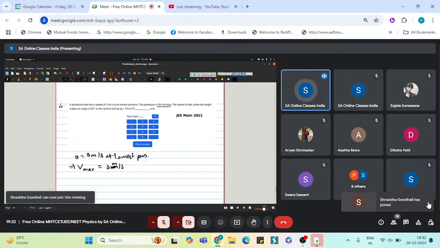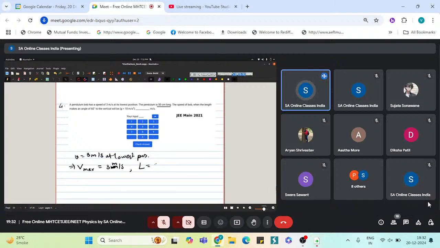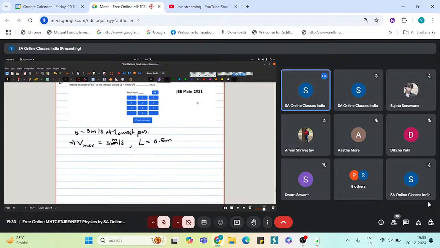The pendulum is 50 centimeters long, so the length is 50 centimeters, which is equal to 0.5 meter. They also ask about the speed of the bob when the length makes an angle of 60 degree with the vertical. G also they've given. G is just 10 meter per second square.